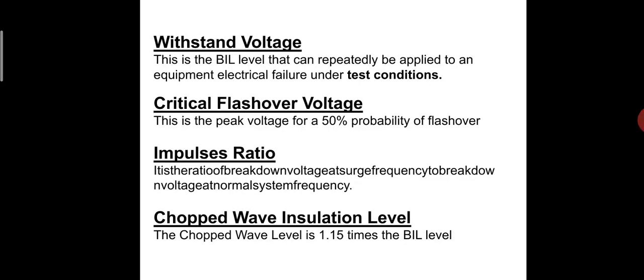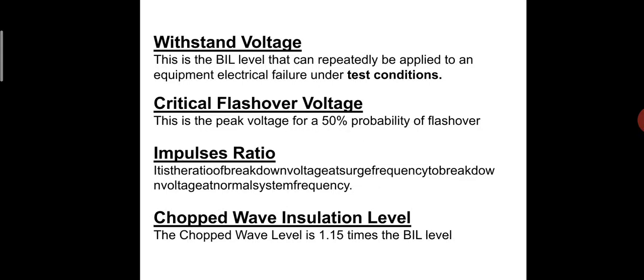Important definitions: withstand voltage, which is the BIL level that can repeatedly be applied to an equipment without electrical failure under test conditions. Critical flashover voltage is the peak voltage for 50% probability of flashover.